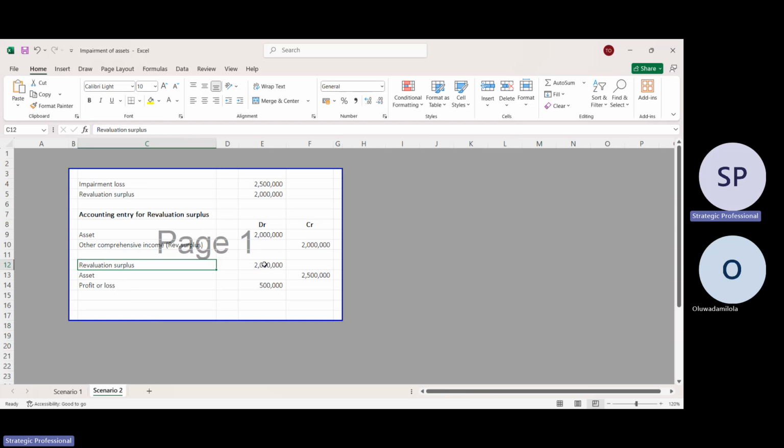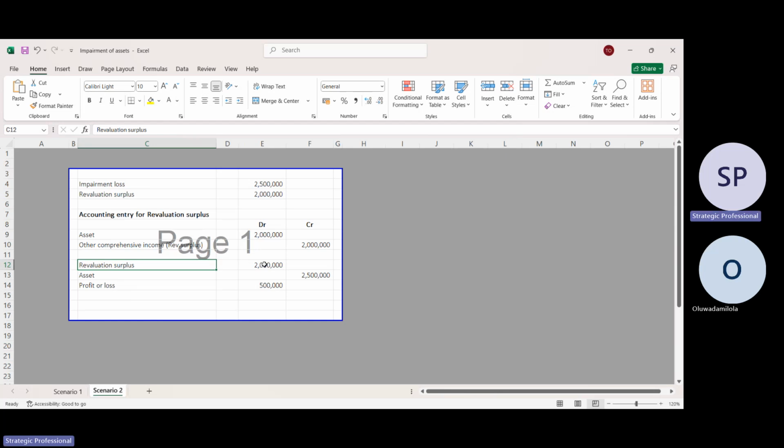No. The standard says that if that asset that has impaired has enjoyed revaluation surplus in the past, in posting the accounting entry, take the value of impairment loss to the extent of that revaluation surplus to the revaluation surplus account first. That's what IAS 36 says. Then the balance you have left, take it to POL.